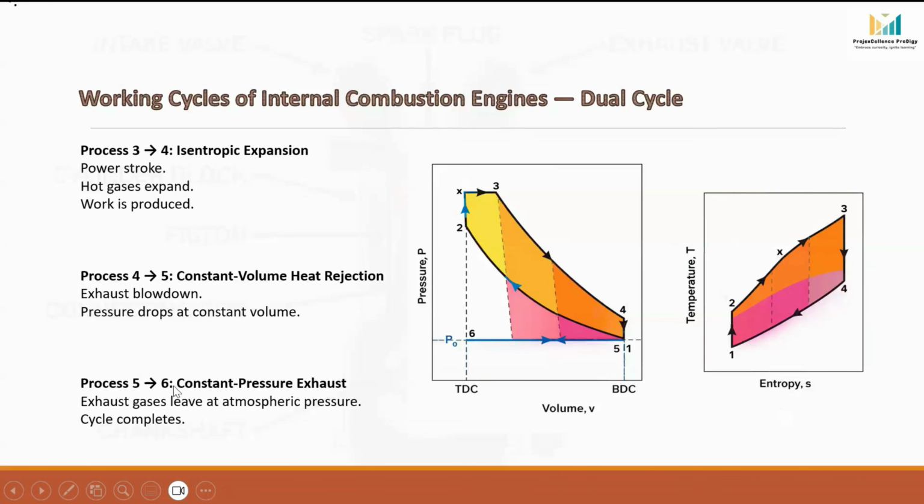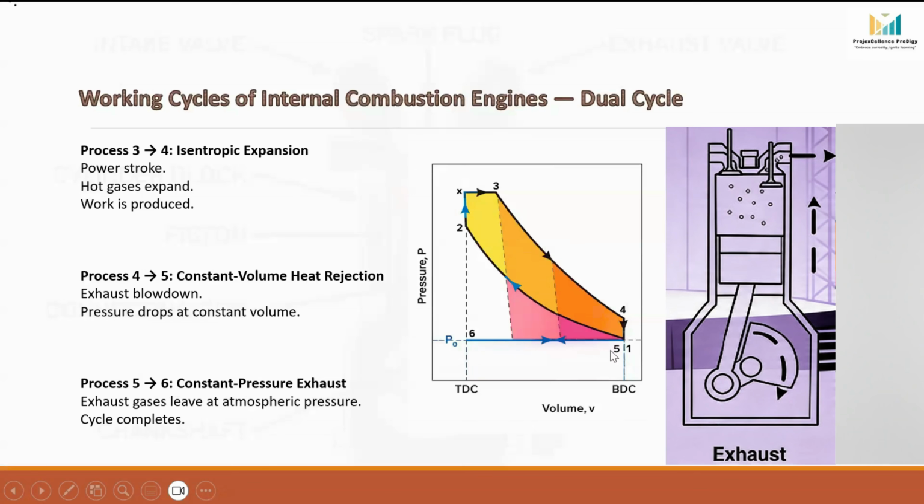After that, we have process 5 to 6, constant pressure exhaust. Now, the piston starts moving upward from BDC to TDC. The exhaust valve remains open while the intake valve stays closed. As the piston moves upward, it pushes the remaining exhaust gases out of the cylinder.